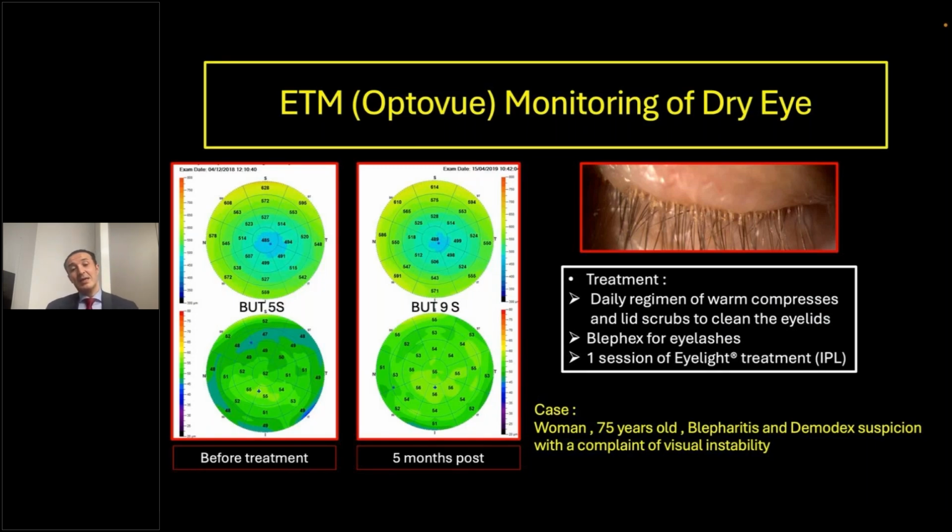And sometimes the epithelium mapping can be a nice biomarker to improve the subjective sensation observed by the patient, because sometimes the breakup time is the same, because it's completely operator dependent on the volume of the fluorescein, and epithelium mapping can be a very nice biomarker to show the slight improvement felt by the patient.